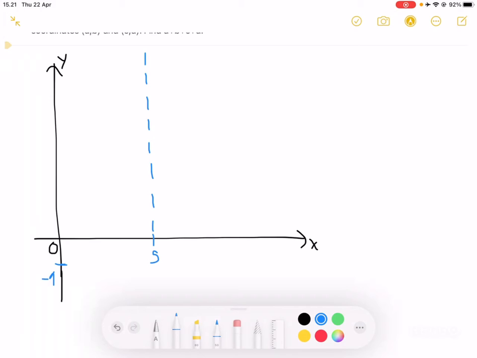And it intersects the x-axis where y equals 0, and if you solve that equation, you'll get x is equal to 1/2. So the graph will look more or less like this. Alright, so that is the first part. And just in case you're wondering, the coordinates of this point will be 5, 9.